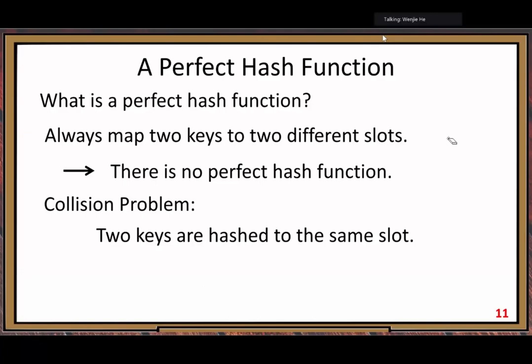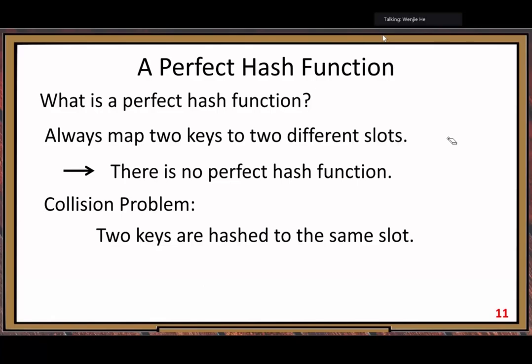There are some techniques. After you get a collision, you need to select a few more hash functions. We have a first hash function, the primary hash function. But after you get a collision, you need to run a secondary hash function, probably a few more times, because you need to find a location for the second key.